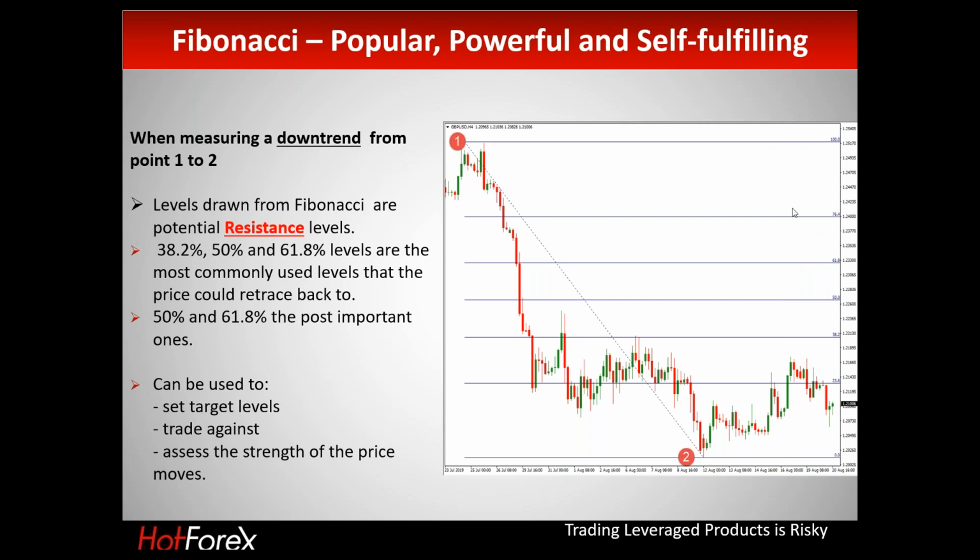The only thing that I have added is the 76.4, because I wanted an extra, so feel free to add it if you want a fourth one as well, a fifth one as well. So I have the beginning of my trend, I have the bottom of my trend, since then we are seeing it moving upwards.